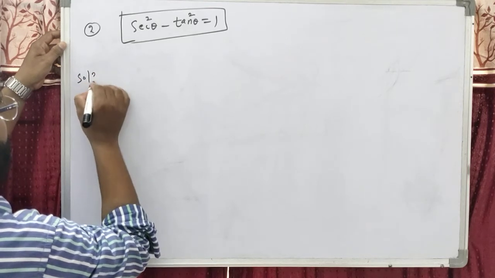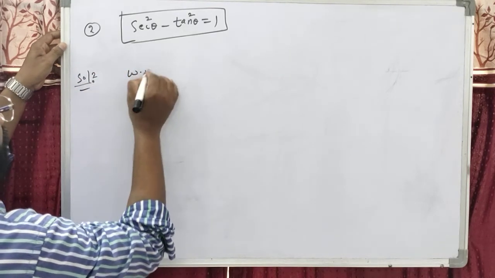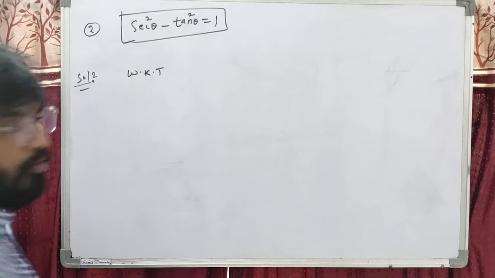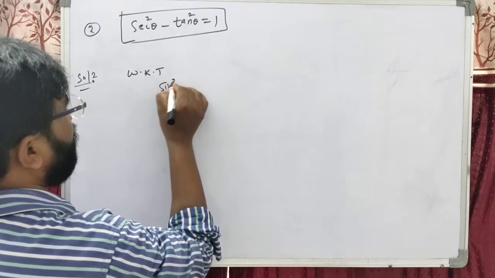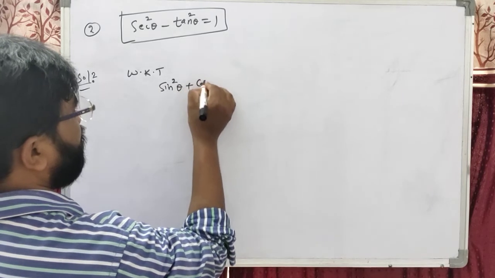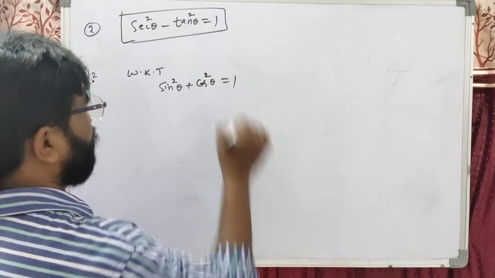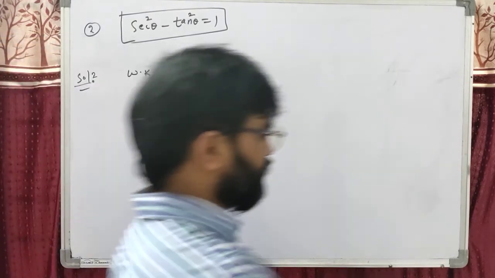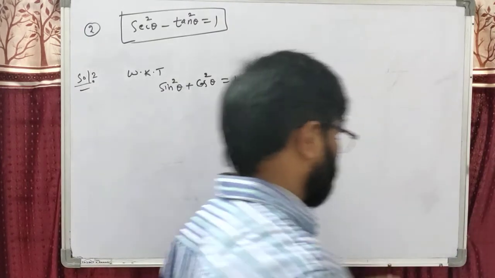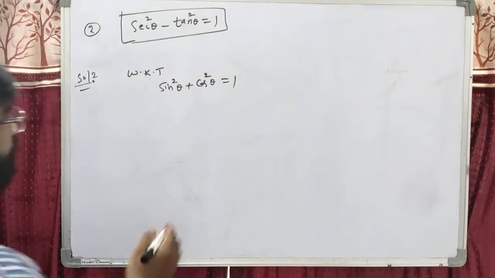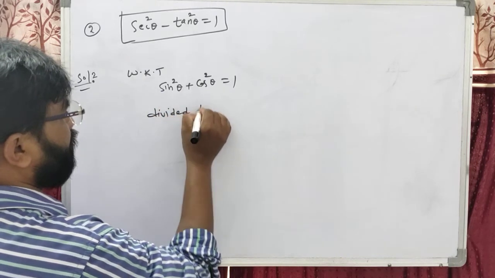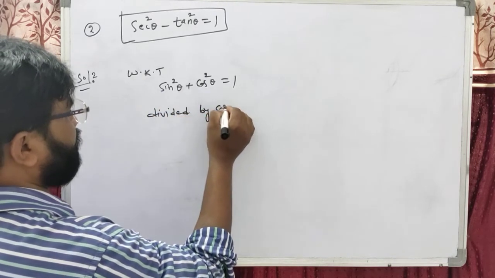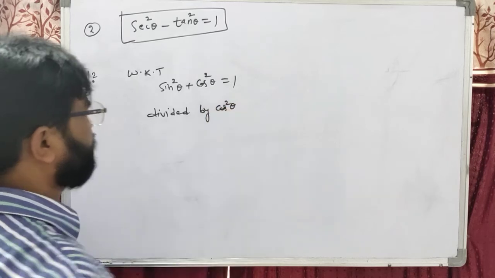Dear students, we know that just now we proved that sin square theta plus cos square theta equal to 1. Therefore, divide by cos square theta on both sides.